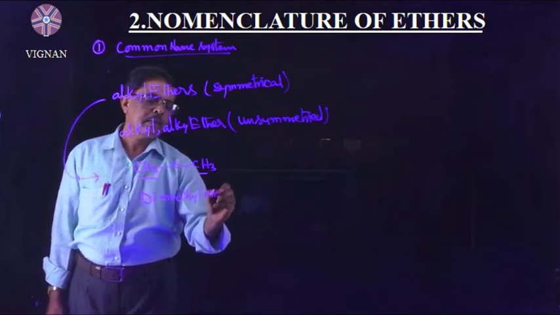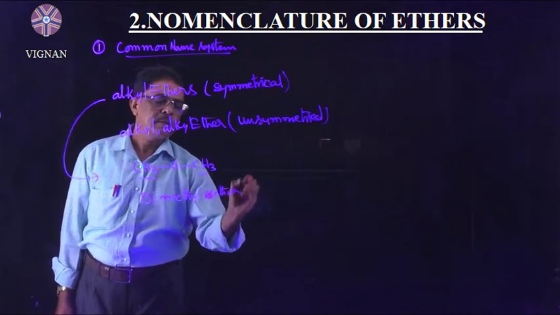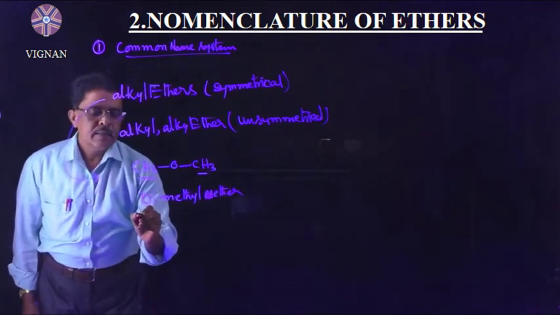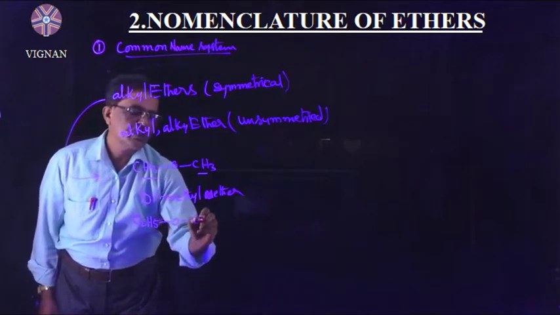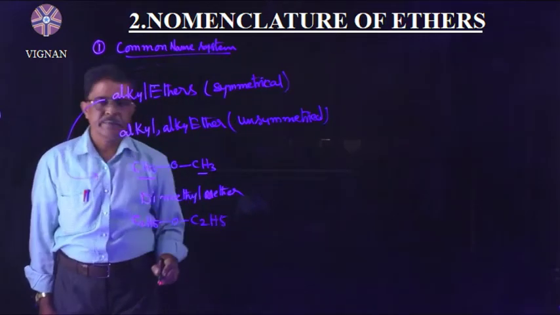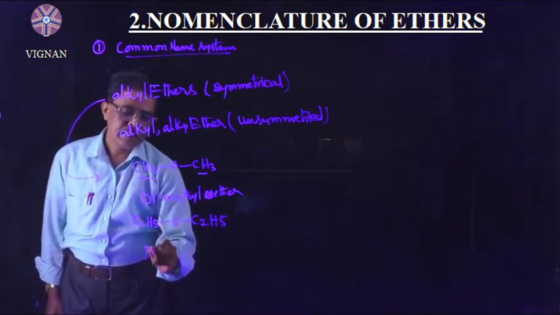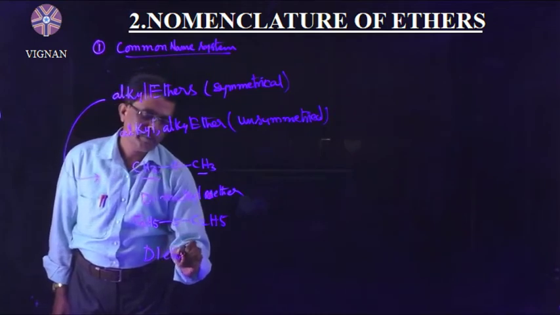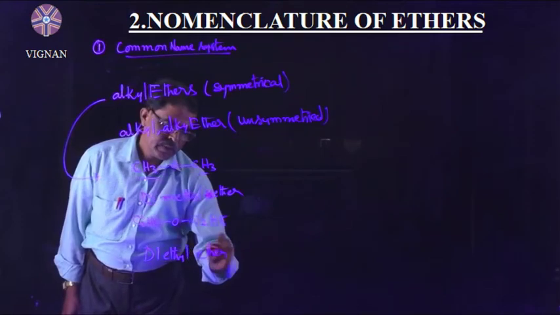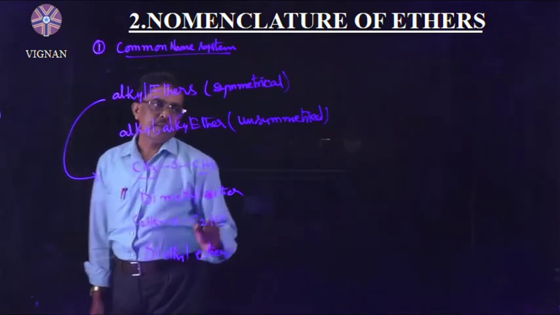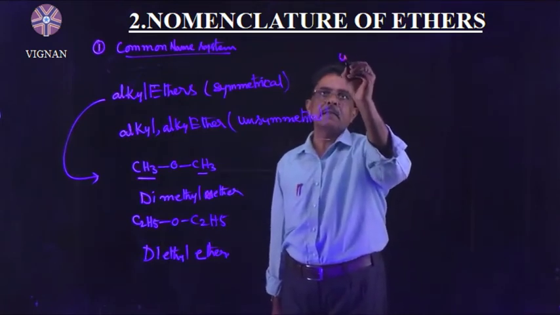Let us take another example, C2H5OC2H5. This is also a symmetrical ether. The name of this symmetrical ether is diethyl ether.